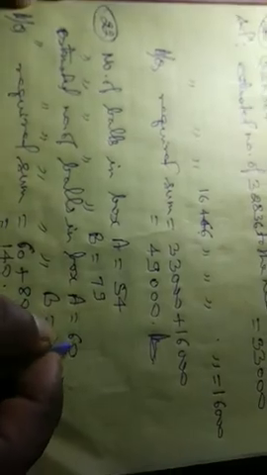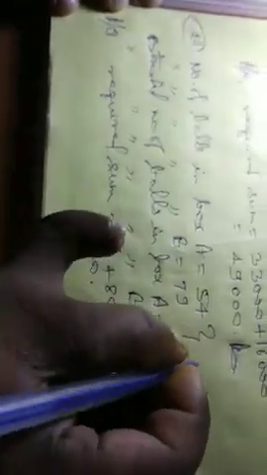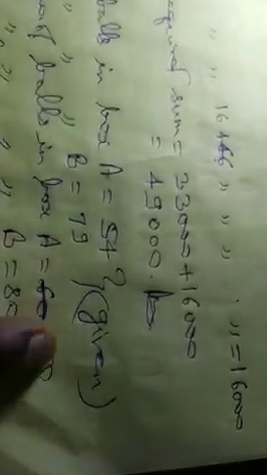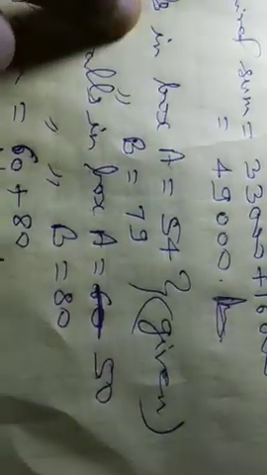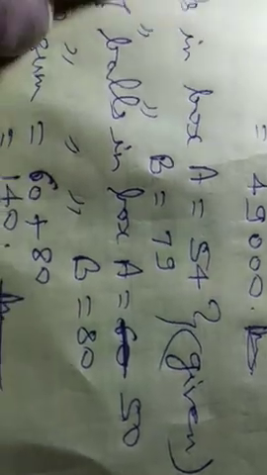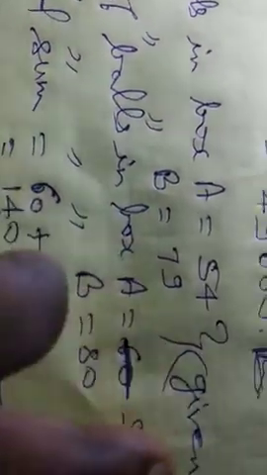So here, the question is 54. Sorry, students. Estimated number of balls in box A here is 50, not 60, because the number of balls in box A given here is 54, and the number of balls in box B is 79.